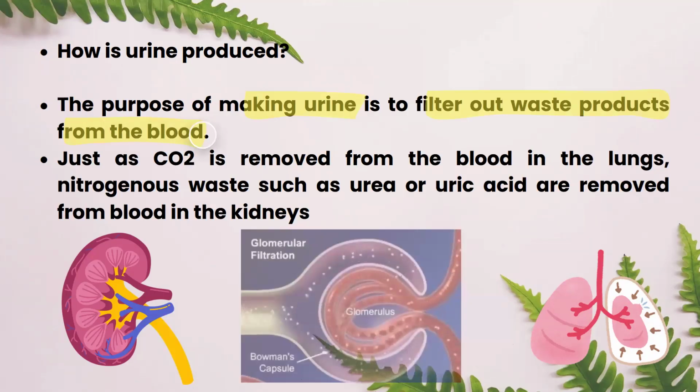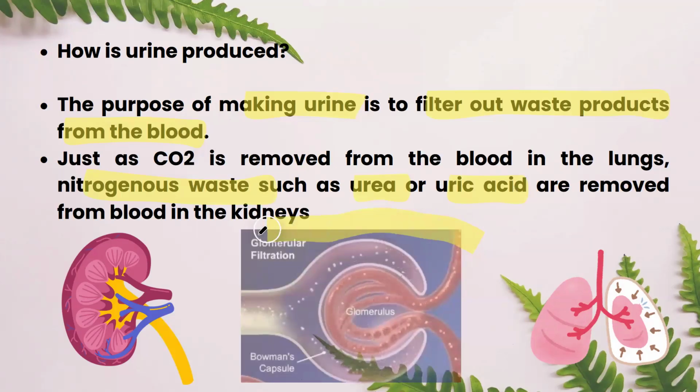And as we learned, just as carbon dioxide is removed from the blood in the lungs, here the nitrogenous waste such as urea or uric acid is removed from the blood in the kidney. Here you can see what exactly is happening in this picture.